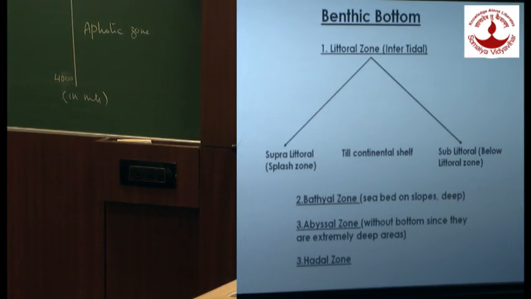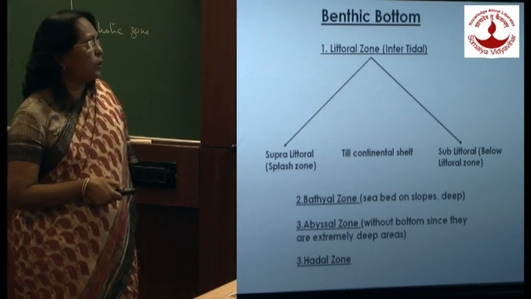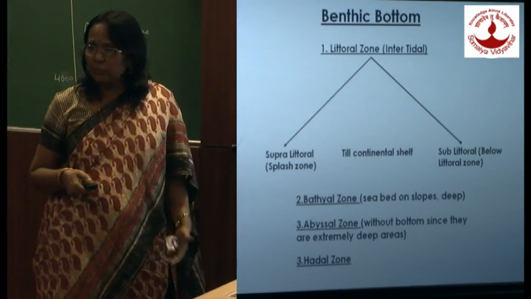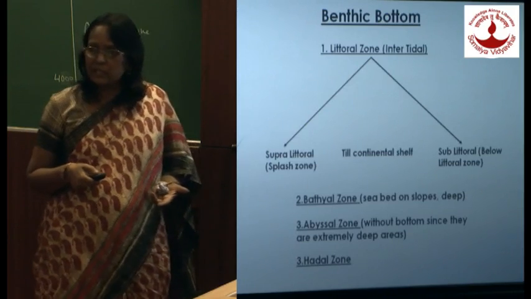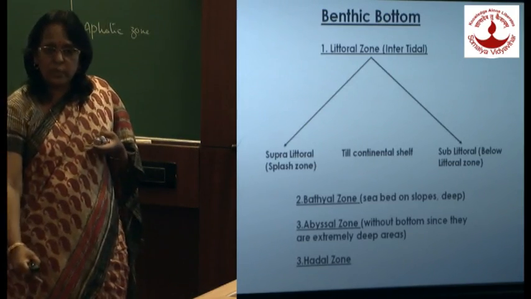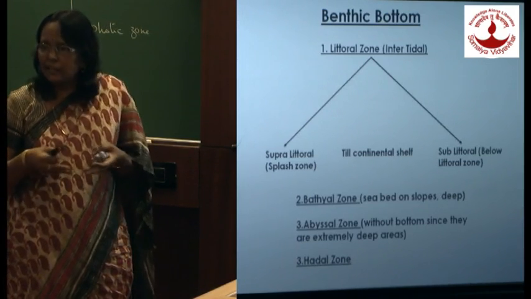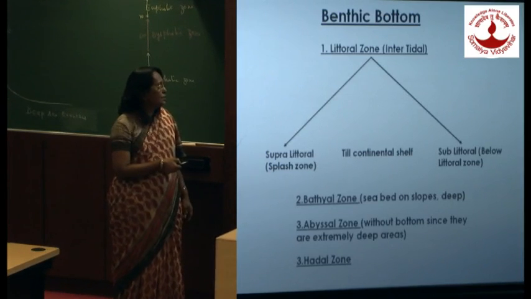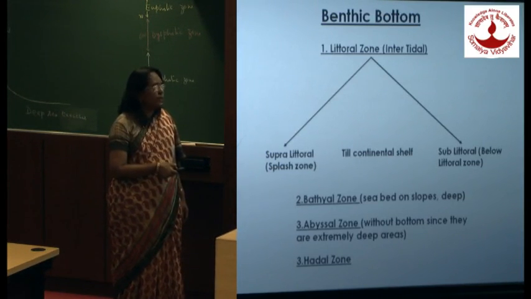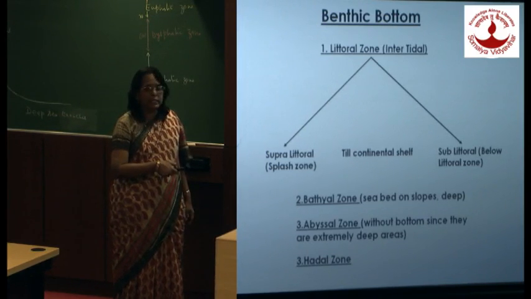Then the third one is the abyssal zone. Basically abyssal zone means without bottom. It's not actually without bottom, but what it means is the bottom is so far down that it is considered as if it doesn't exist. Therefore you call it the abyssal zone. They are extremely deep areas. Then lastly is the hadal zone.